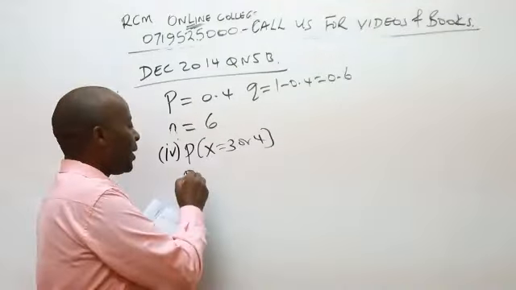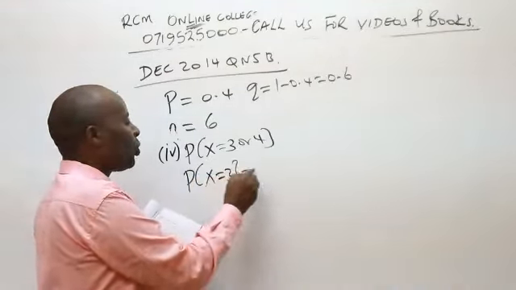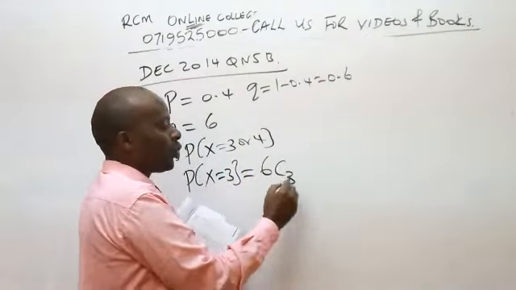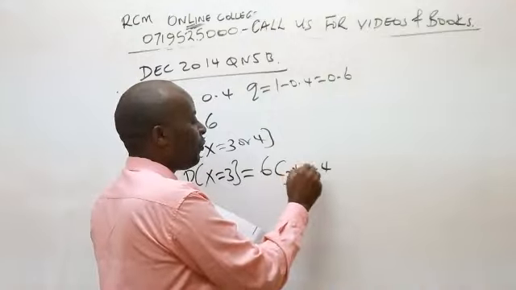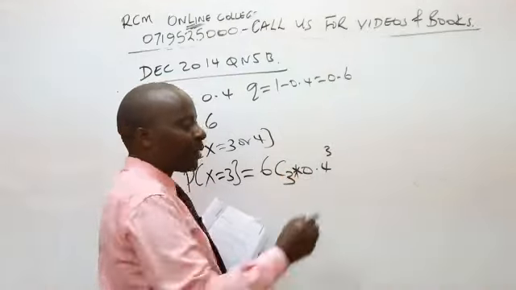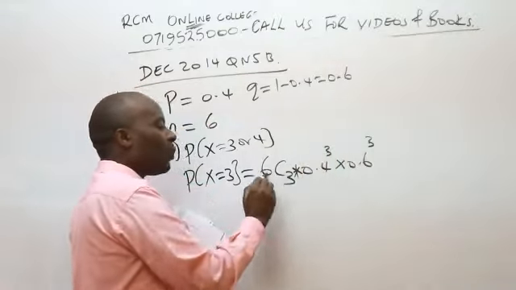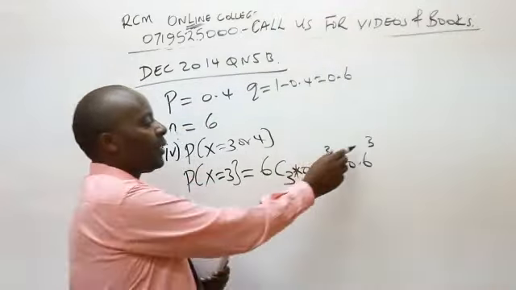So probability of X being equal to 3. This will be n, still 6, combination 3 times 0.4 raised to X, which is 3, times 0.6 raised to the balancing figure. Given that the two powers must add up to 6, the balancing power will be 3.